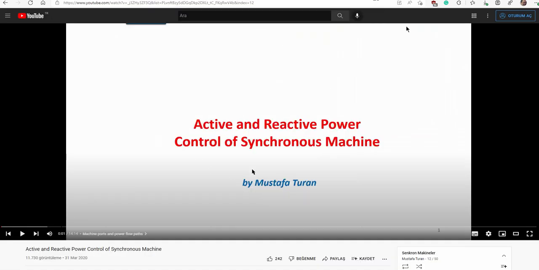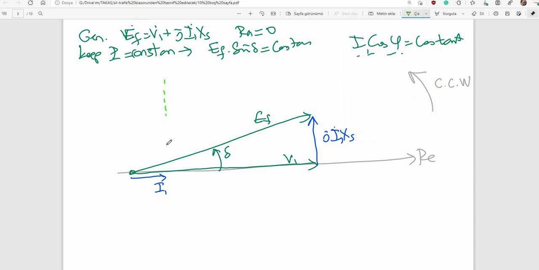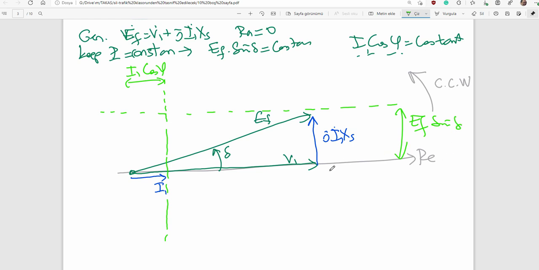You can study these in these video lectures. Here are two asymptotic lines. I1 must be on this line. Here is the I1 cosine phi asymptote, and here is another asymptotic line, which is the EF sine delta asymptotic line. EF must be on this asymptotic line, and current must be on this vertical asymptotic line.